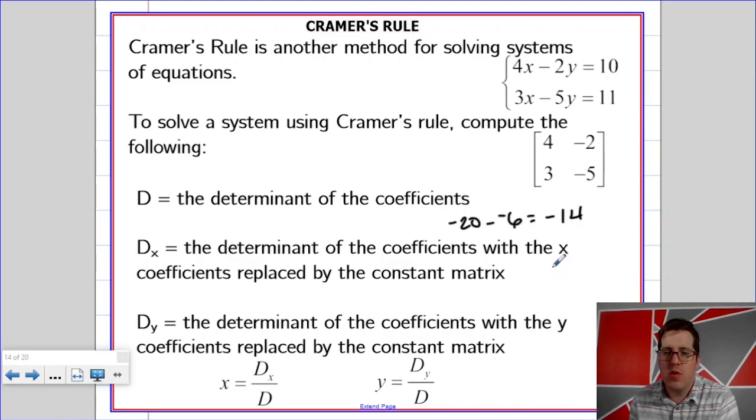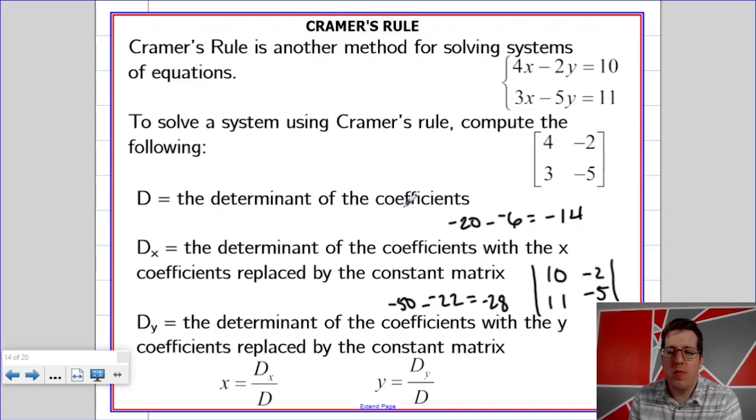So that would look like this, replacing the x coefficients with 10 and 11. And we're going to find the determinant of that. So that would be negative 50 minus negative 22.